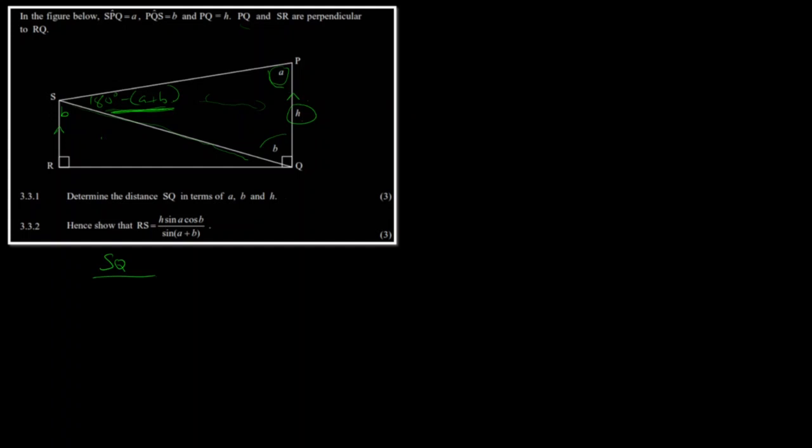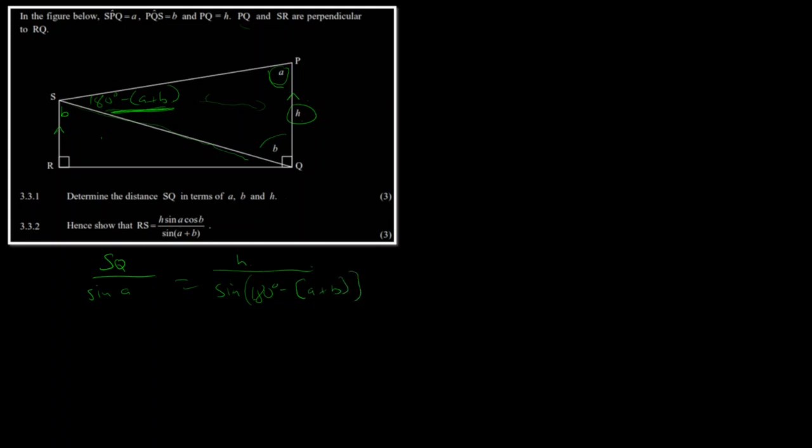So SQ is what we want, and then it's over sine of A, and then PQ is what we have, which is H, and then it's going to be sine of 180 degrees minus (A plus B).